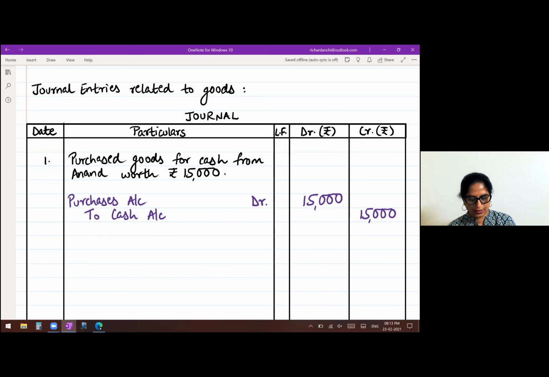Now write the second transaction: bought goods from Anand worth rupees 10,000 on credit.